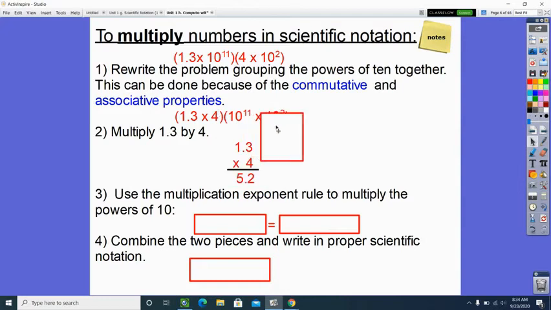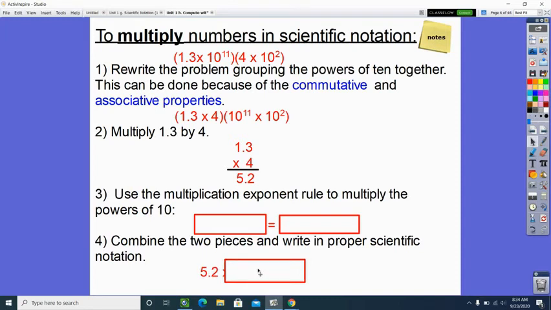I think I actually show you the math here. If you didn't have a calculator, there's your 12. Hold the 1. 4. Add that 1. You would get 52. 1 place behind the decimal, so you move it. You might remember. But of course, I've allowed you to have the calculator. So 5.2 will be the number in front of our answer.